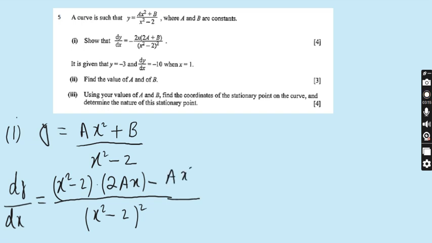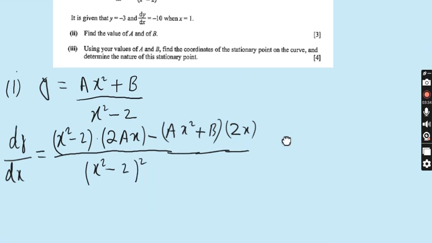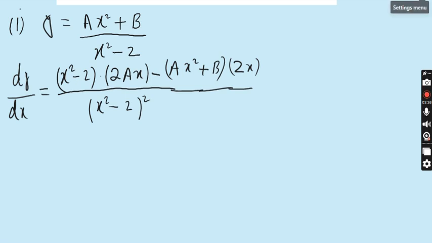Negative u times the derivative of v, so the derivative of x² minus 2 is 2x, and the derivative of 2 obviously is 0. Now simplify it.